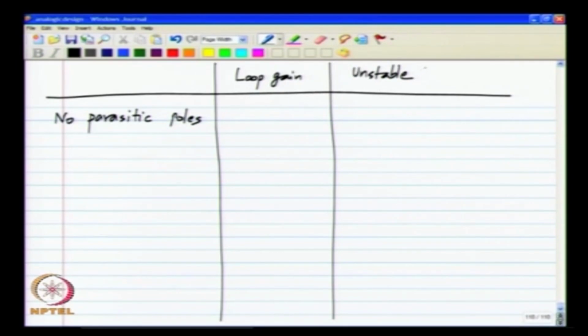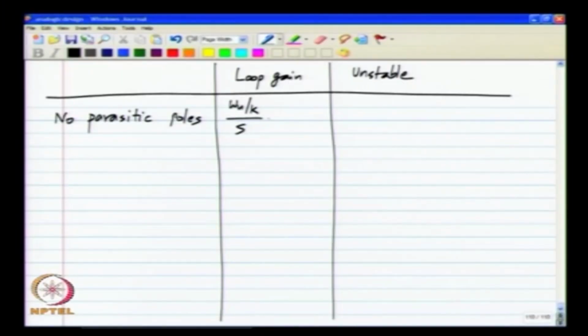If you use an integrator of unity gain frequency omega u and make an amplifier with a gain of k with it, it will have a loop gain like this, which corresponds to omega u loop by s, and this will actually never ever become unstable, it is unconditionally stable. It is a first order system with a pole at omega u by k and it is unconditionally stable.